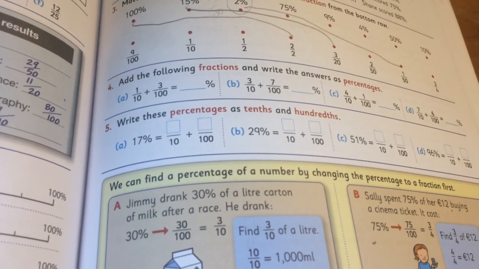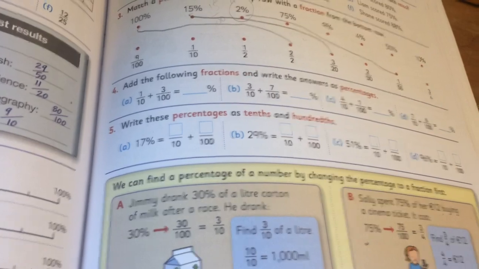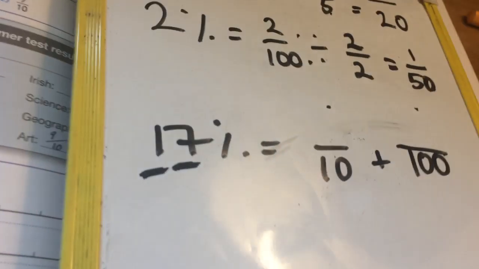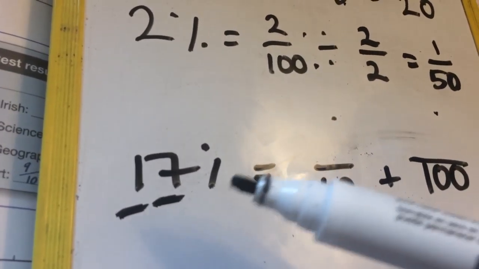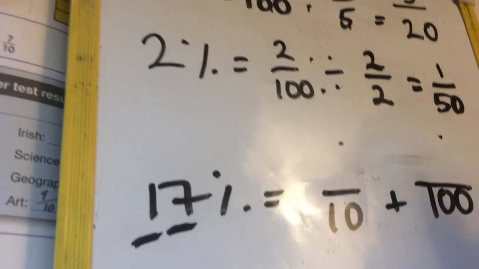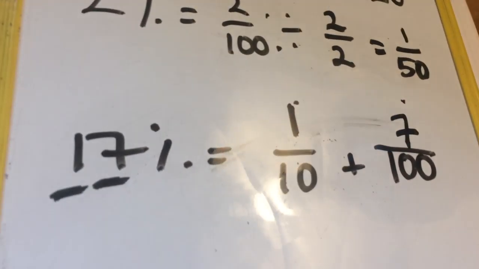So we have 1 tenth and 7 units there. So it's like looking at tenths and hundredths: 1/10 and 7 out of 100. That's what it looks like.